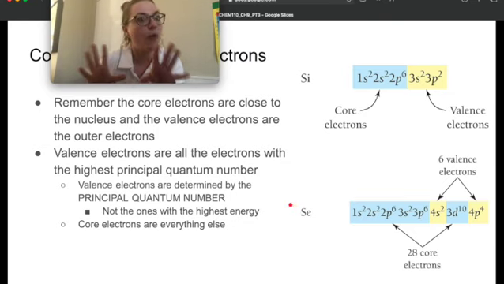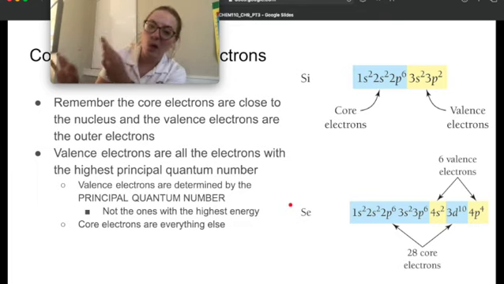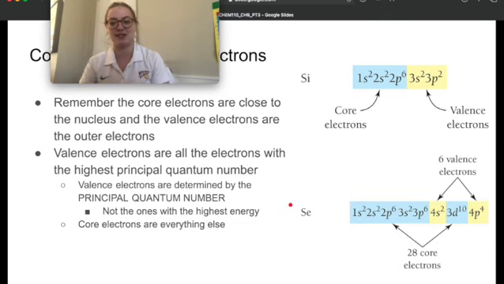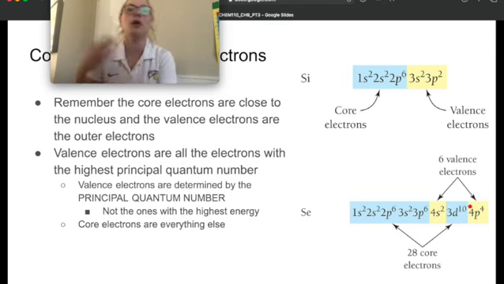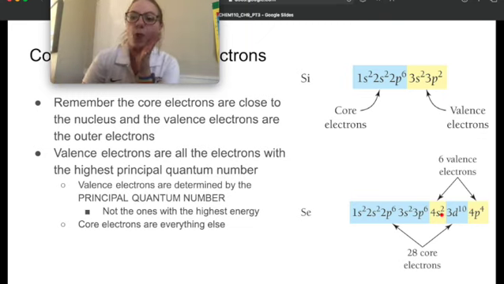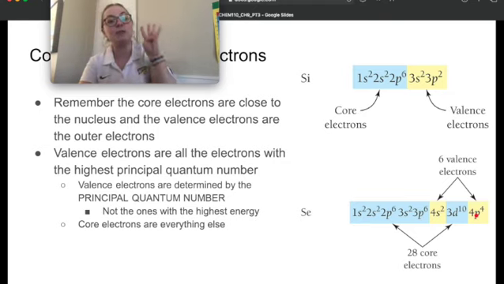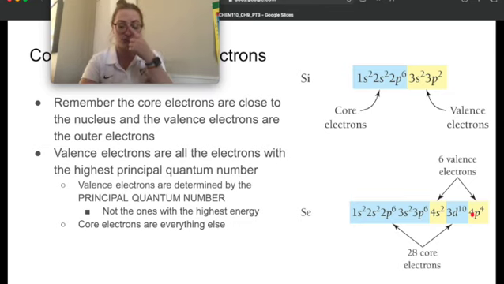And we say the same thing down here with selenium. This makes the point about the fact that it's not the highest energy, it's the principal quantum number that determines this. In the electron configuration for selenium that you see here, you can see that we have that weirdness with the 3d10, right? 4s2, 3d10, 4p4. The 4s2 and 4p4 have that highest principal quantum number of 4, so they are the valence electrons.